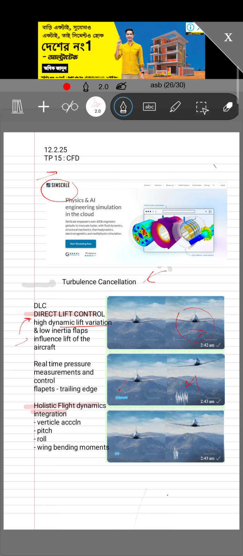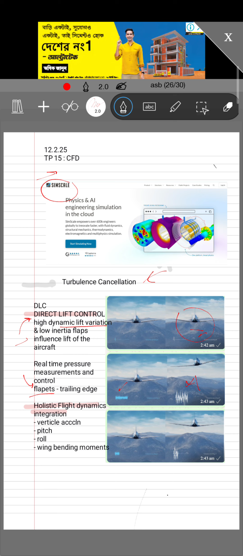It is based upon real-time monitoring of the pressure by flaplets at the trailing edge. We will see what these flaplets mean.